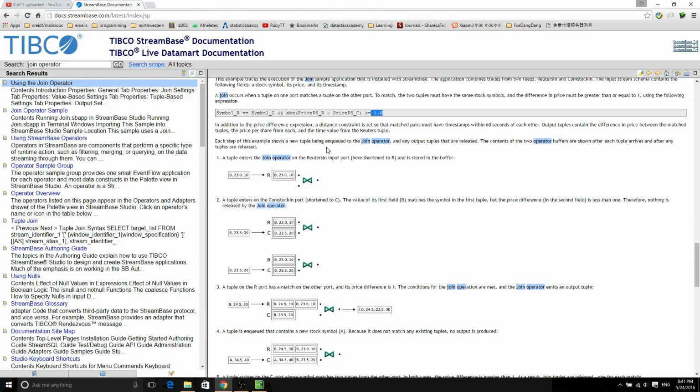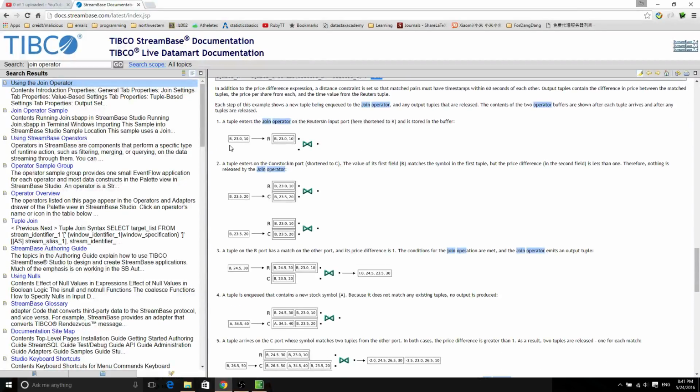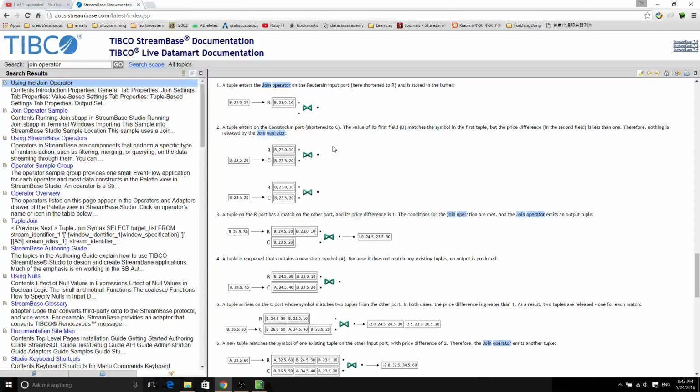The rest of the documentation is the examples. First, there is an incoming tuple for the first input: B, 23.0, and 10. The 10 is the time, 23.0 is the price, and B is the symbol. There's nothing in the second input stream yet, so we go on and get the second input: B, 23.5, 20.